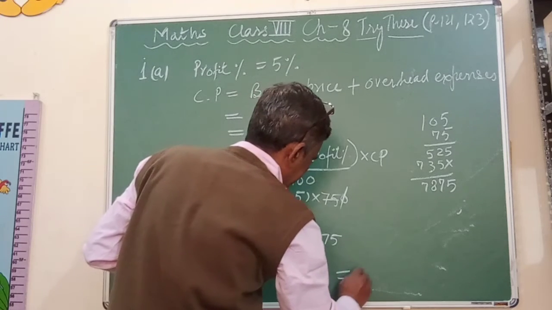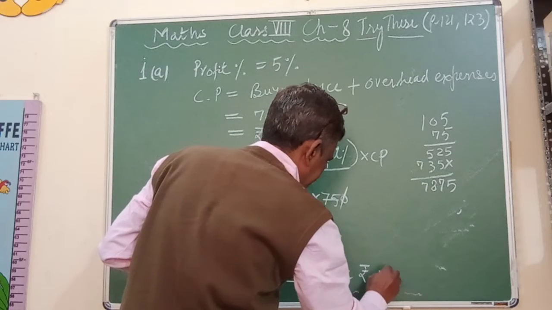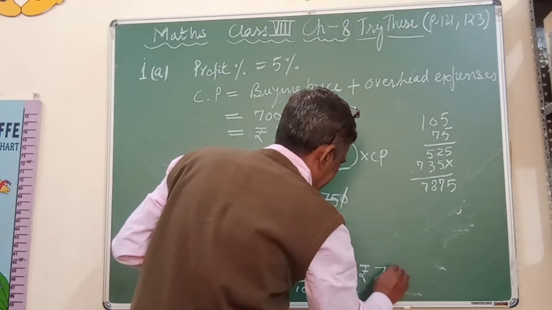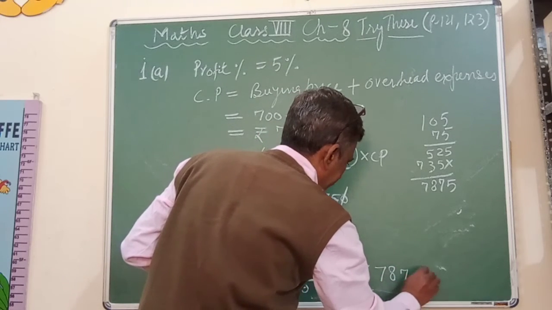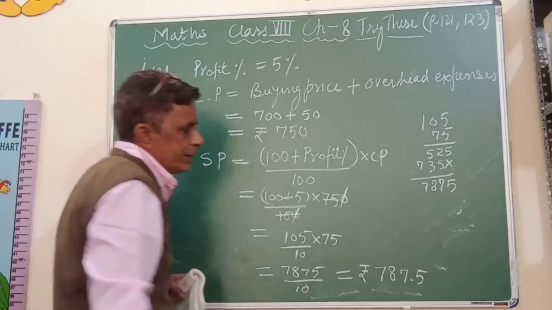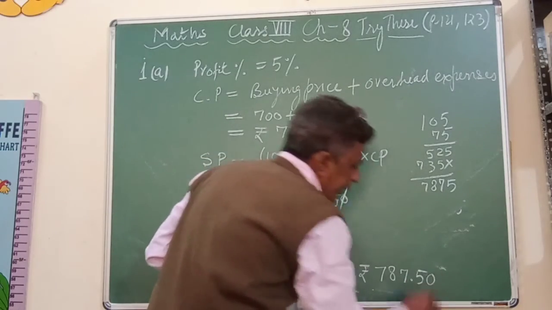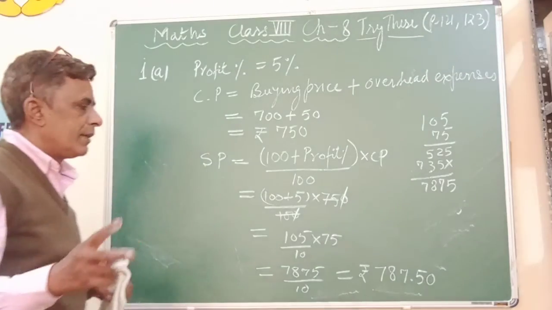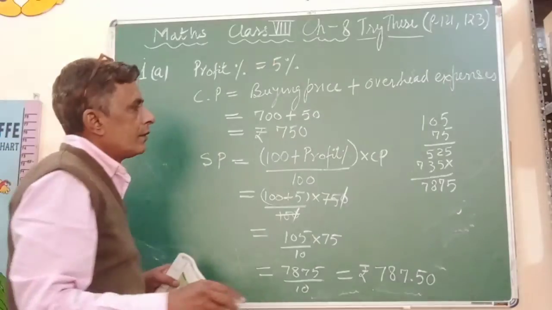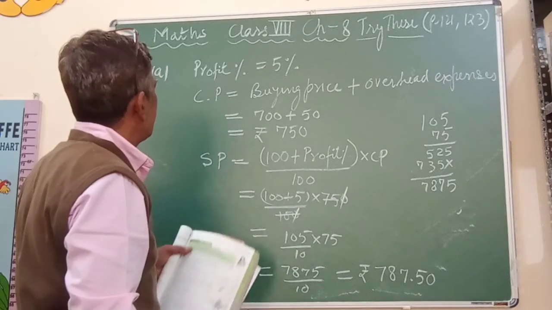So the answer will be rupees 787.5, and we have to put a zero over here because money is always written with two places after the decimal.